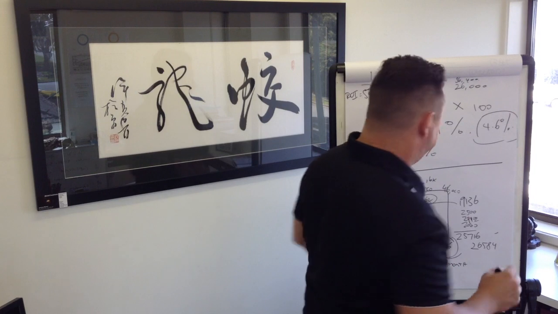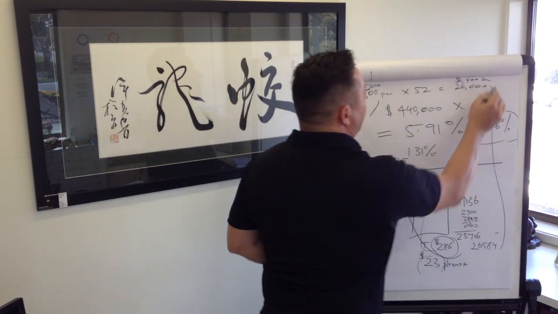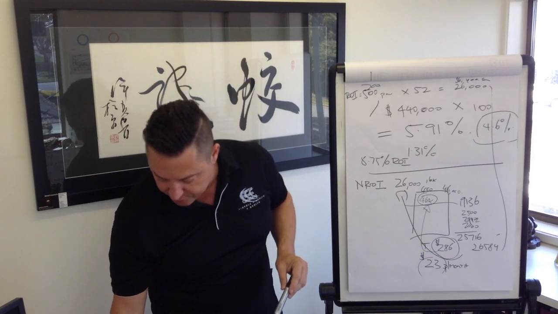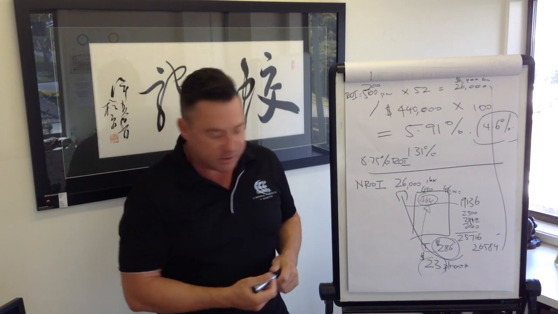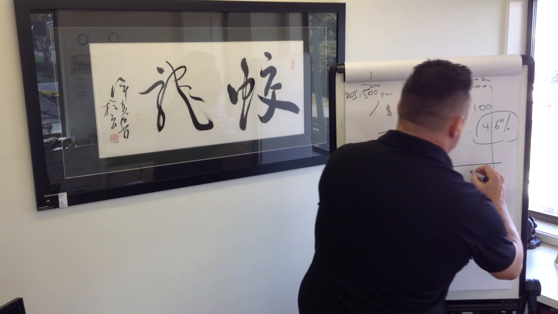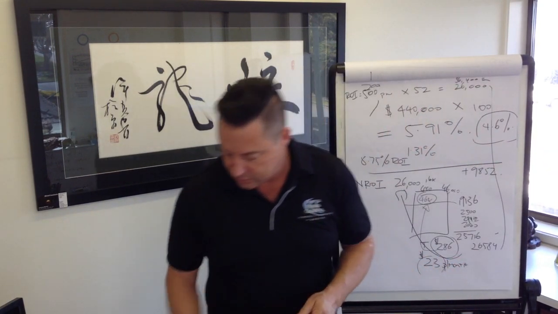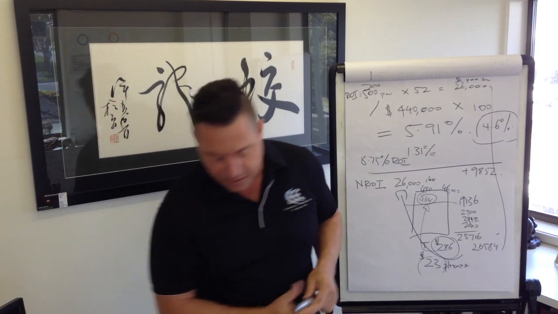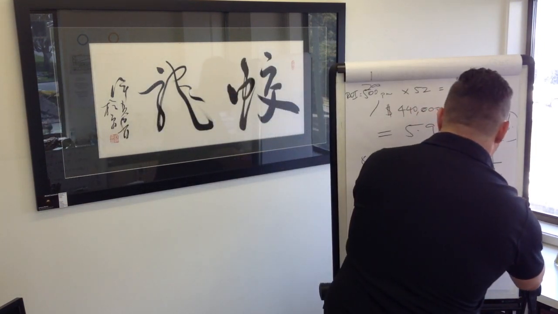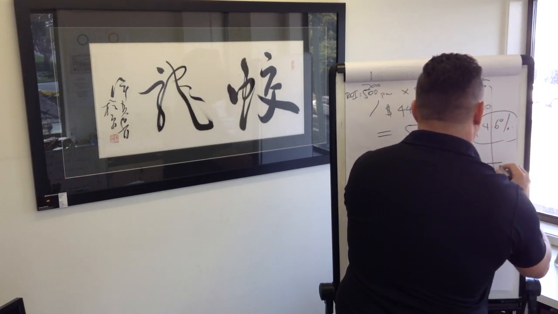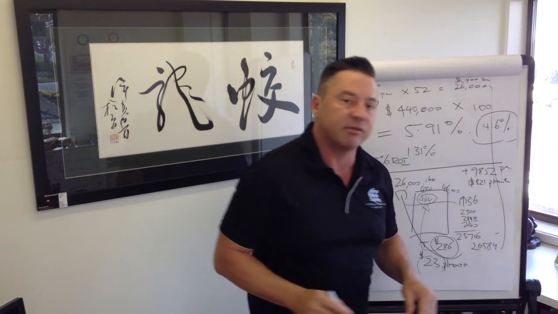Sorry, 548. Minus our new rental income of $36,400 gives us a positive annual cash flow of $9,852. Divide that by 12, gives us now $821 per month positive cash flow.